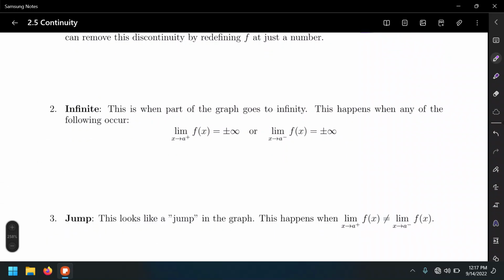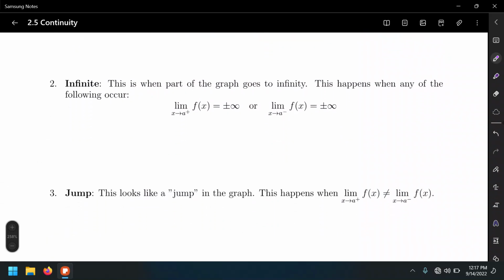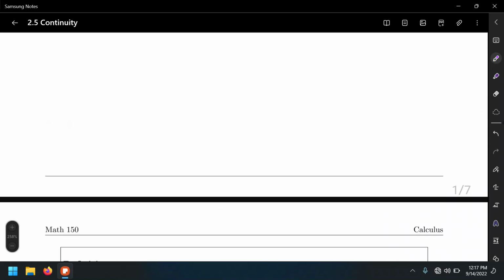The next kind of discontinuity is the infinite discontinuity, and we obtain this kind of discontinuity when the graph goes to infinity. That is when we have vertical asymptotes, when we go to positive infinity or to negative infinity. And this happens when the limits from either side can be either plus or minus infinity, and we have a couple of examples over here.